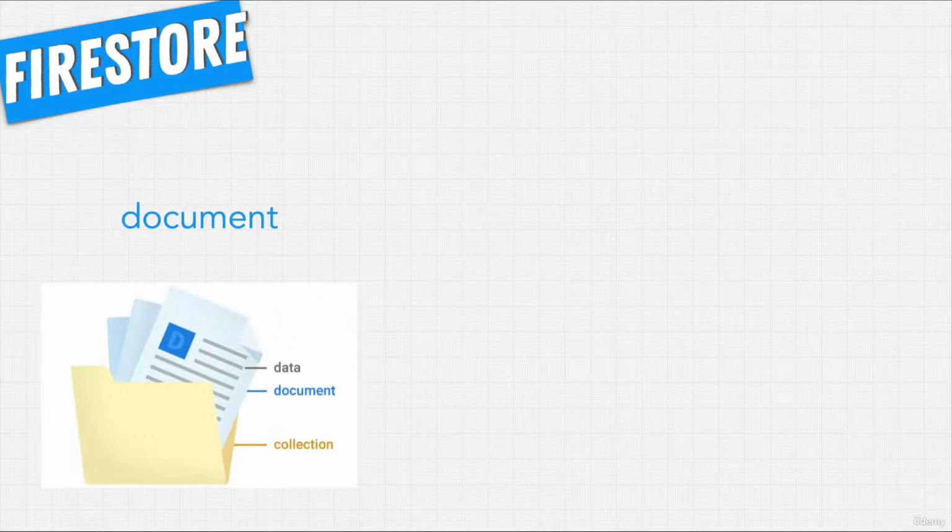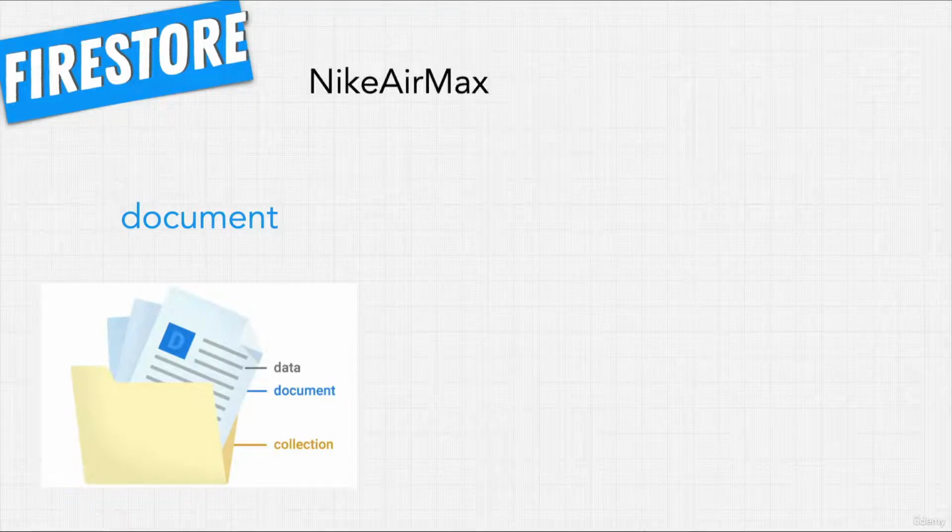Let's talk about the document model first. The document model is really the smallest unit inside of Firestore. So here, imagine we had a shoe because we are Crown Clothing, meaning that we sell clothing. So imagine that we had some unique ID for this specific shoe document, and it's Nike Air Max. It's just a unique string.